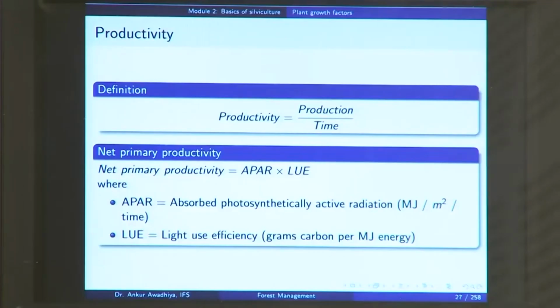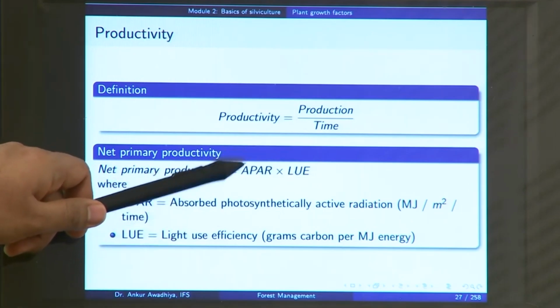Or if you have sufficient absorbed photosynthetically active radiation, but the light use efficiency of that particular plant is less, probably because it is not a very good species, or because this plant is diseased, or because it is not getting sufficient nutrients, then also the net primary productivity will be less. So, net primary productivity is equal to APAR into light use efficiency.